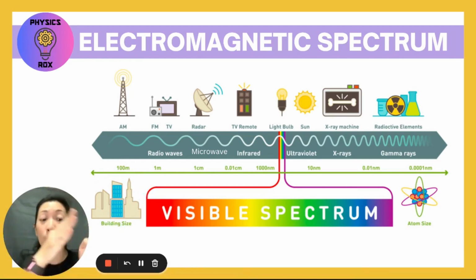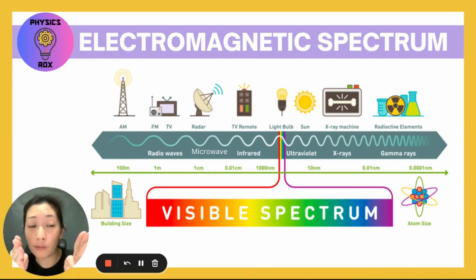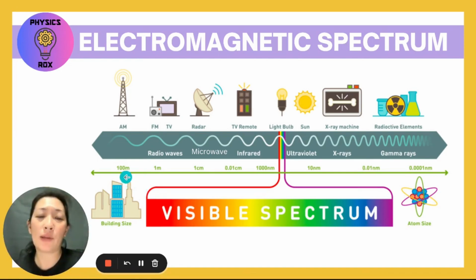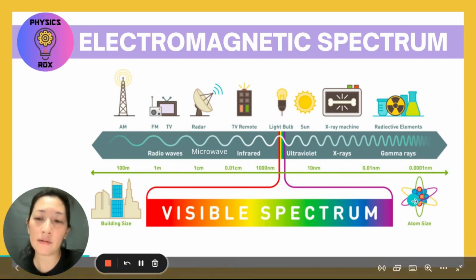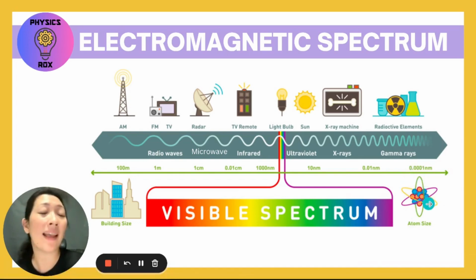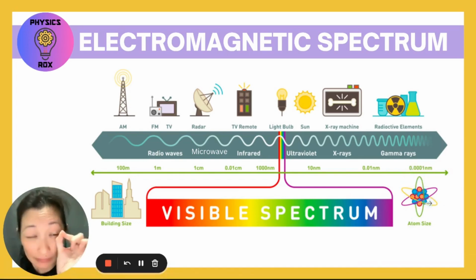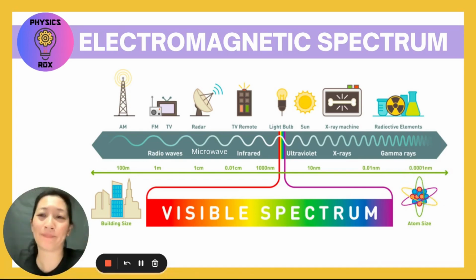So one wavelength of a radio wave can be the size of a building or even larger. As we move across to the gamma rays, you can see the numbers getting smaller and smaller. When we get to the gamma rays, the wavelength is so tiny, it's about 0.0001 nanometers. That's about the size of an atom. That's how small it is.